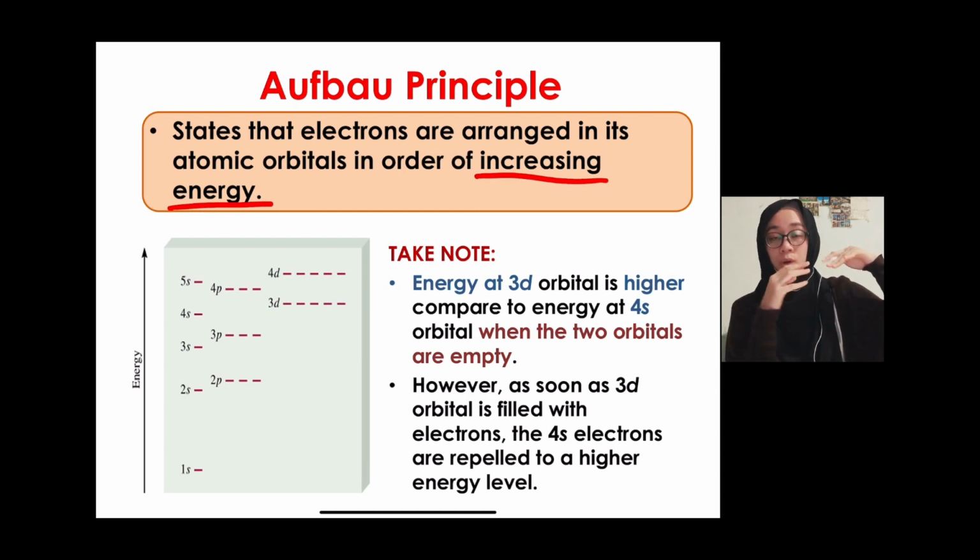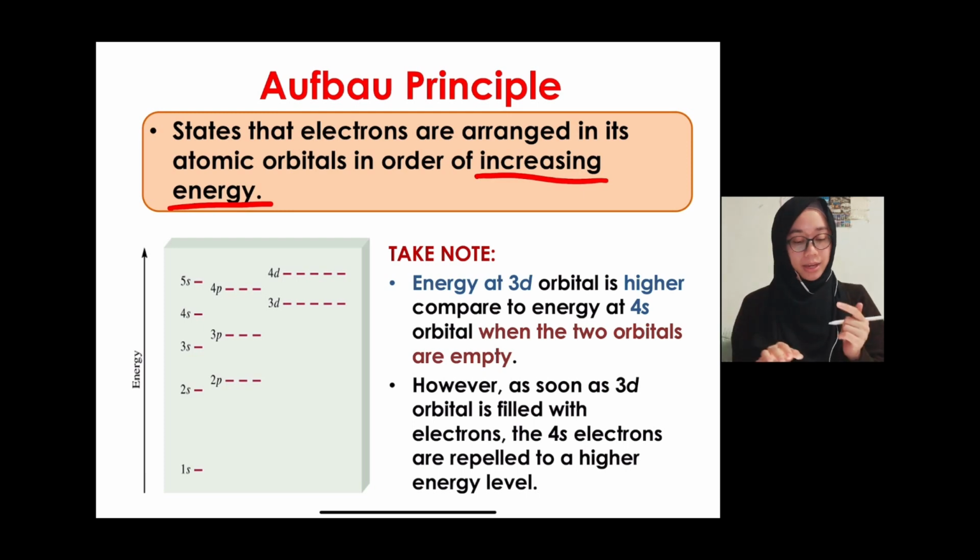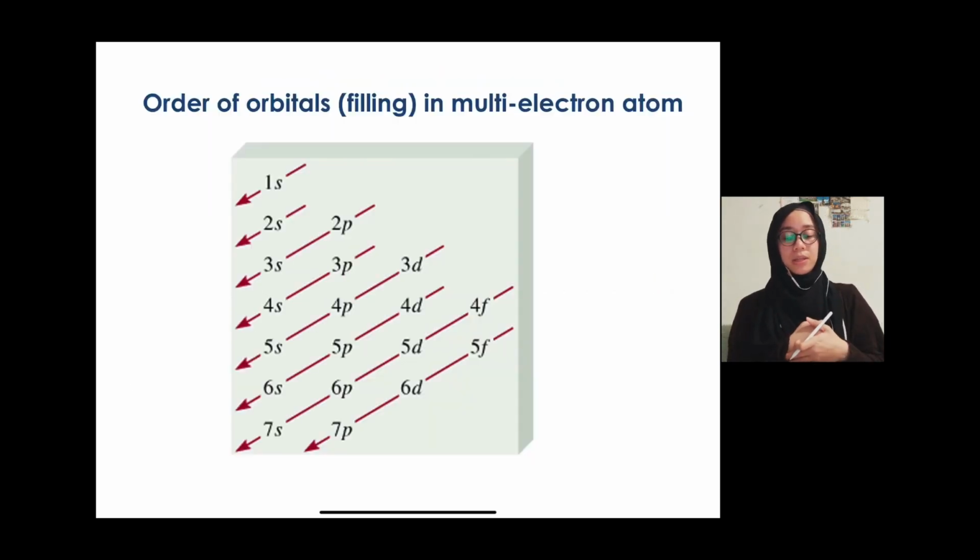Bermaksud once 3d dah terisi, kalau kamu punya view ini 3d, ini 4s, once kamu dah isi 3d sahaja, dia akan terus start repel, and 4s akan has a higher energy compared to 3d. But bear in mind this is only for when both orbitals are filled. So this is the order of orbitals in a multi-electron atom.